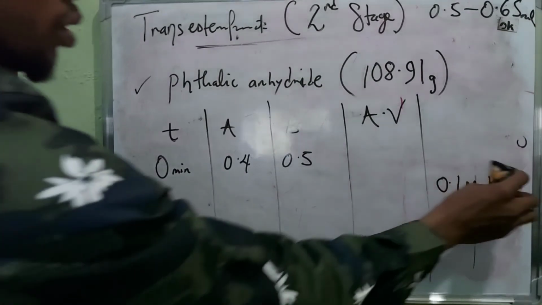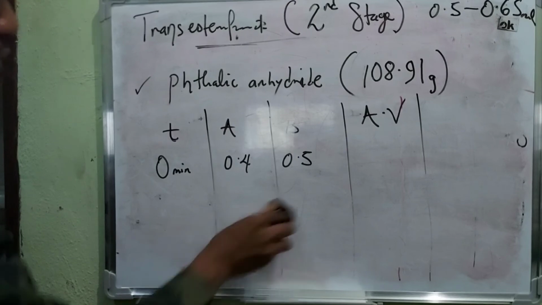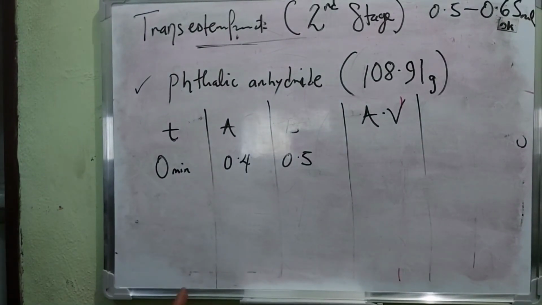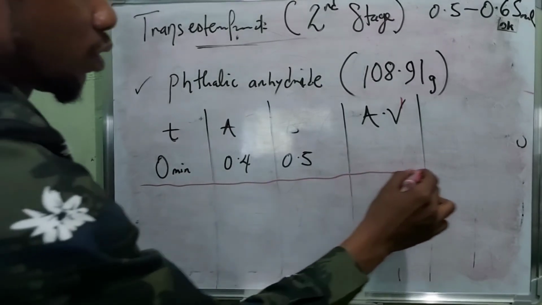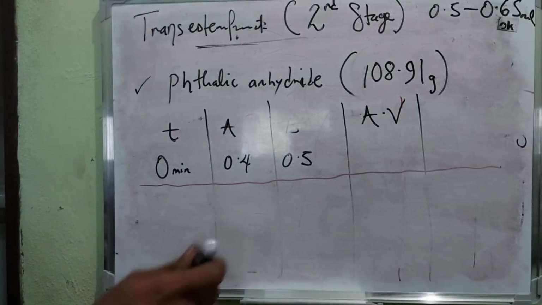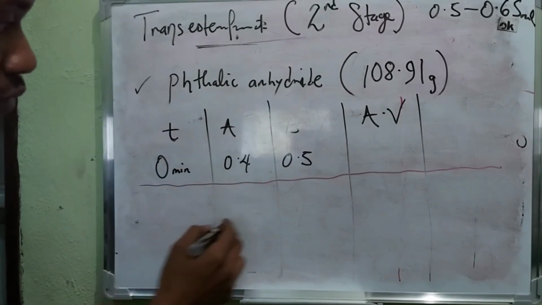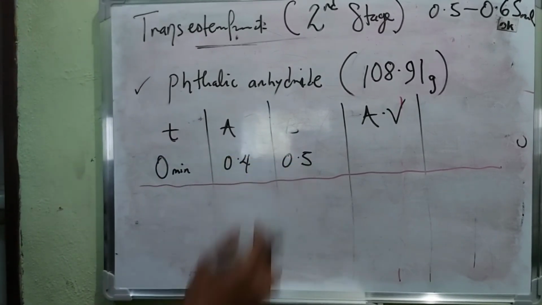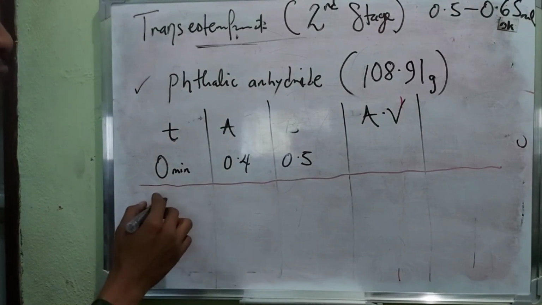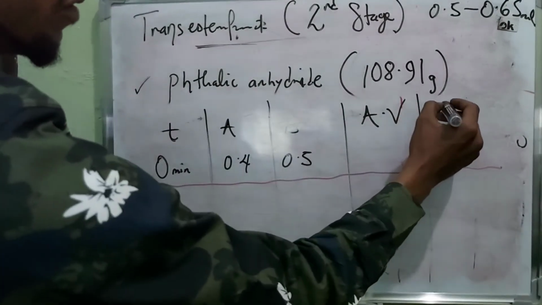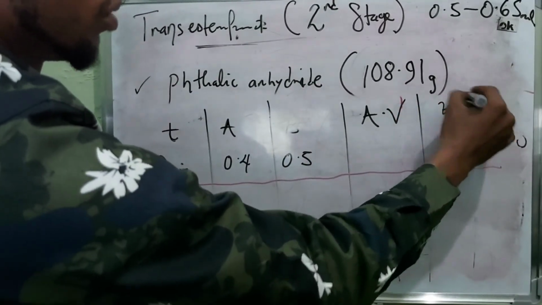Now let me draw a table that could help you understand how to go about that. So we have this. Remember, we are taking some volume of sample A and B, which is 0.4 and 0.5. Then we also should have a column for the volume of water being removed.